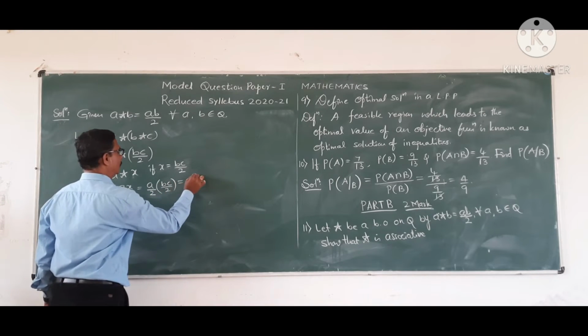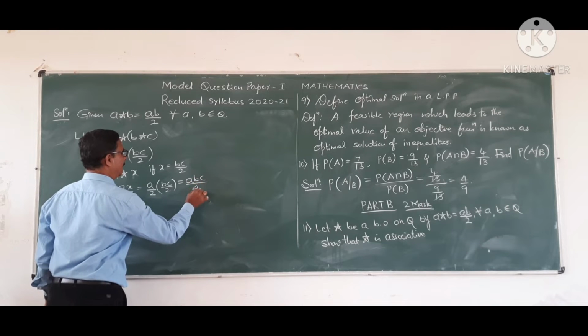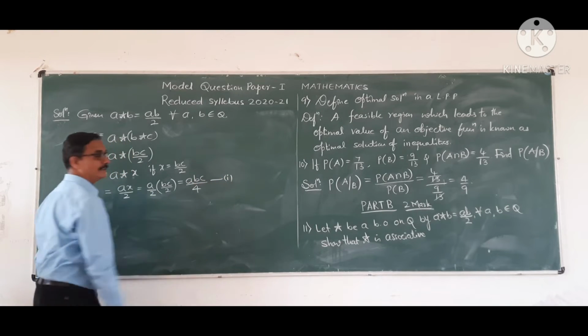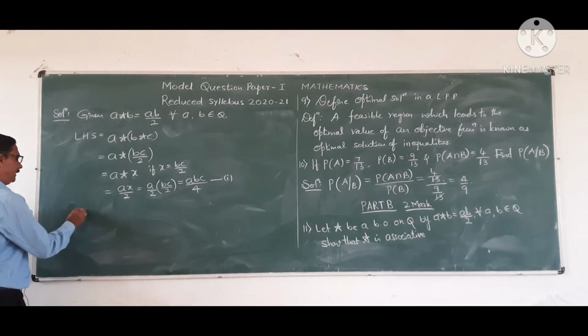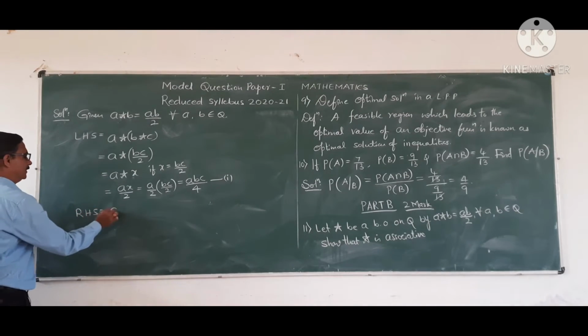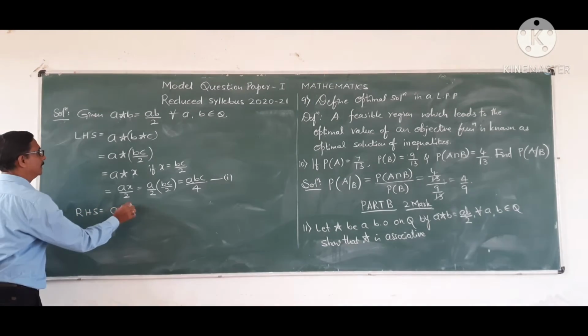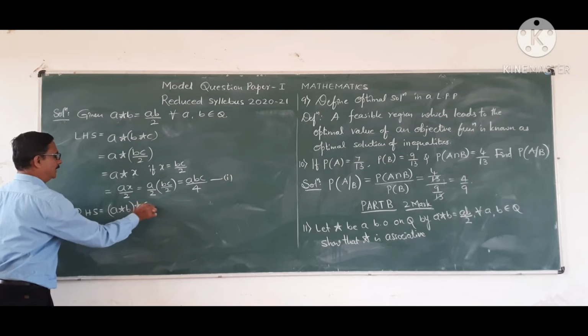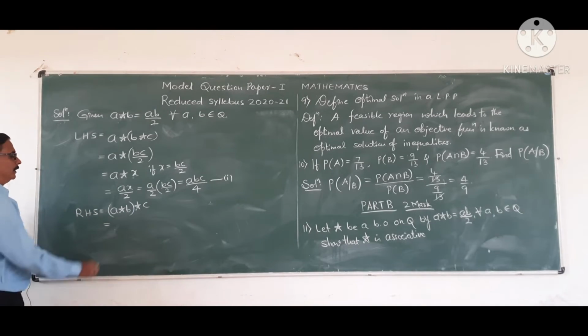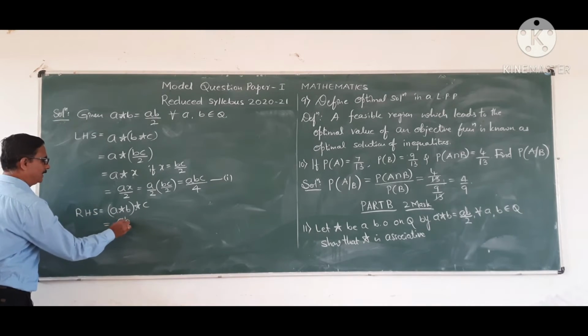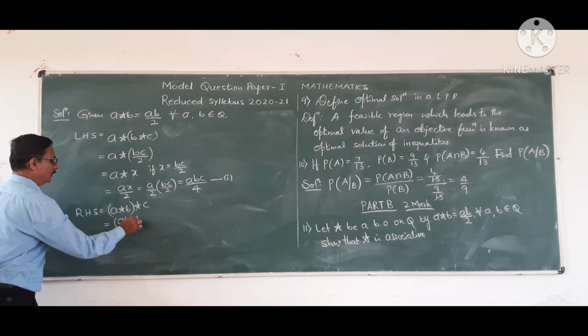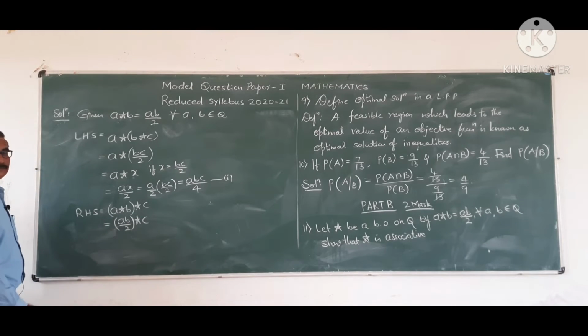That is equal to ABC divided by 2 times 2, that is 4. This is LHS. Then take RHS. (A star B) star C is equal to, A star B given, that is AB upon 2, star C, right.